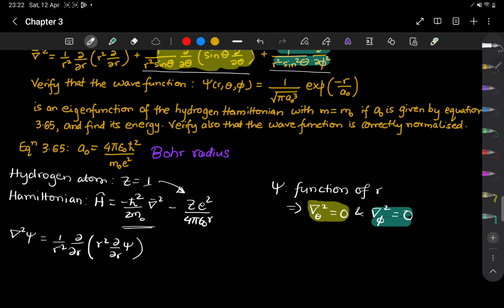And psi, let us for now just take this exponential term, that additional term 1 over square root pi a naught cubed is just a constant. So the derivative will not affect the constant, it will remain as it is. So let us for now ignore the constant.